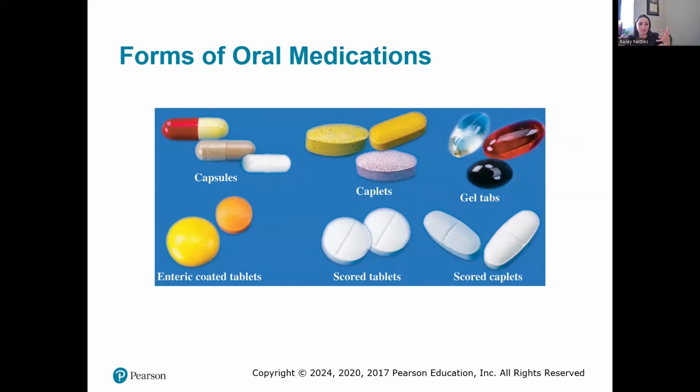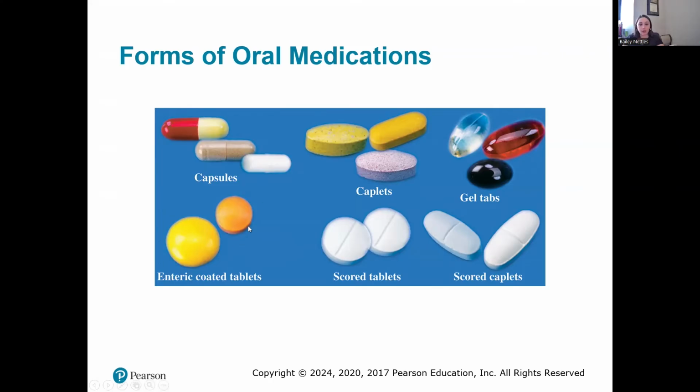But if it doesn't say that, you can't do it. We can never half or crush or do anything to these enteric coated tablets. Enteric coated tablets, delayed release, sustained release, extended release, that's ER, DR, SR, you can't crush them because they have a coating on them.